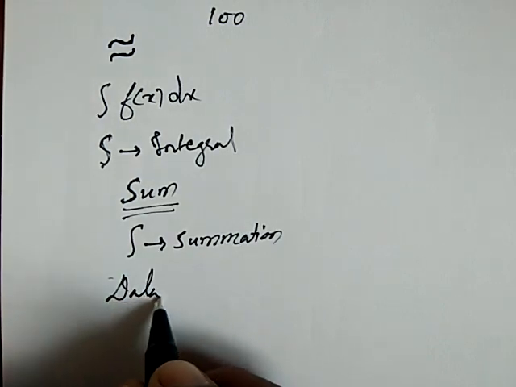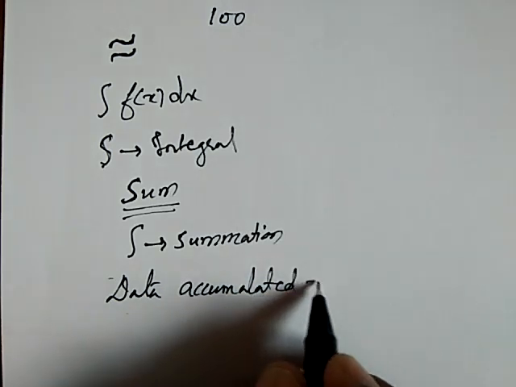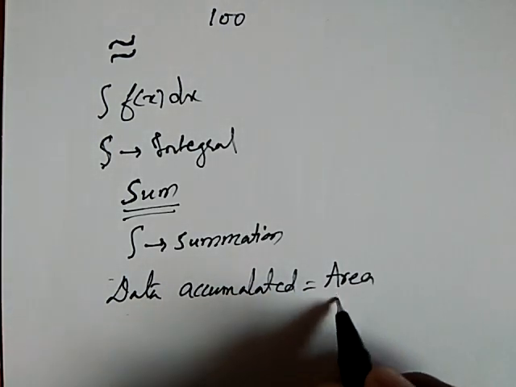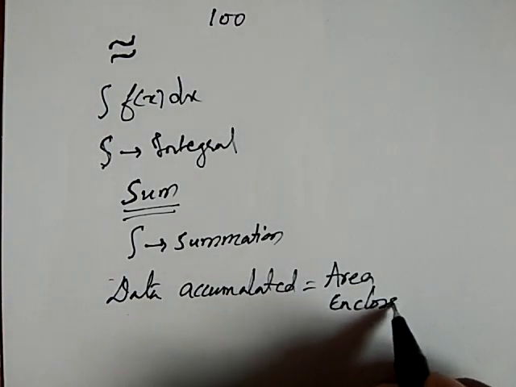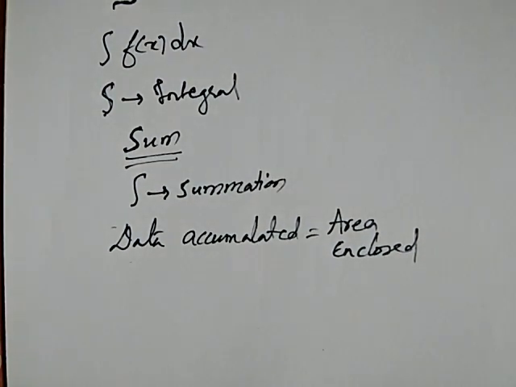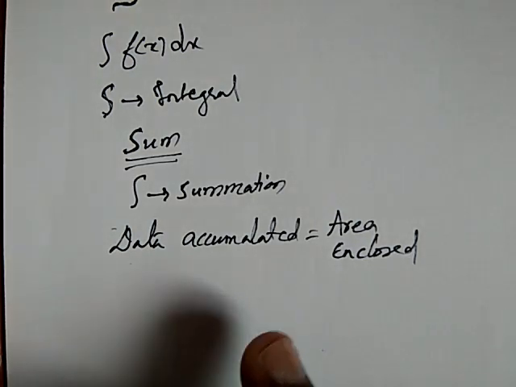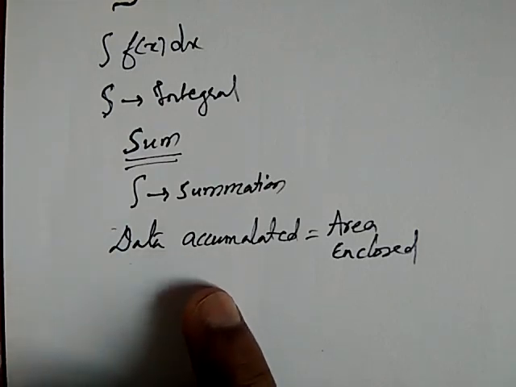So we can use the integral like this. When straight lines are there, you can find the area bounded very easily, but when the area is bounded by curves, it is difficult.